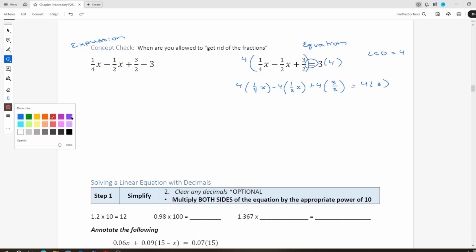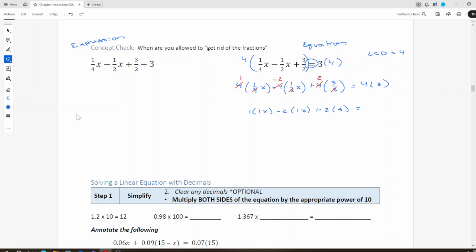If I do that, I'm allowed to do 4 divided by 4 is 1. -4 divided by 2 is -2. 4 divided by 2 is 2. I'm left with 1 times 1x minus 2 times 1x plus 2 times 3 is equal to, well, 12.